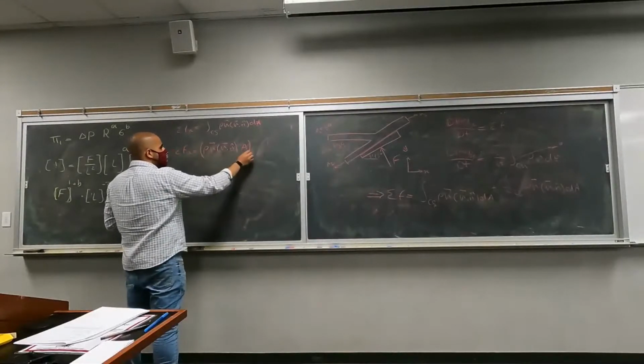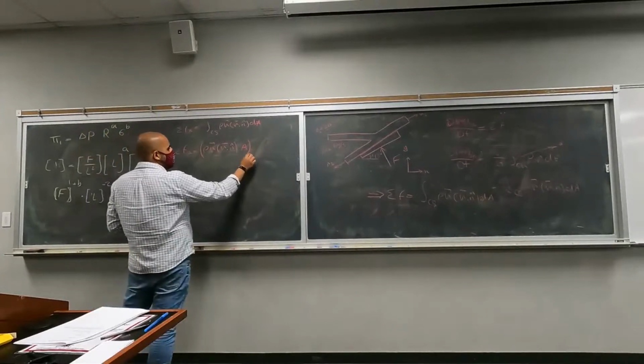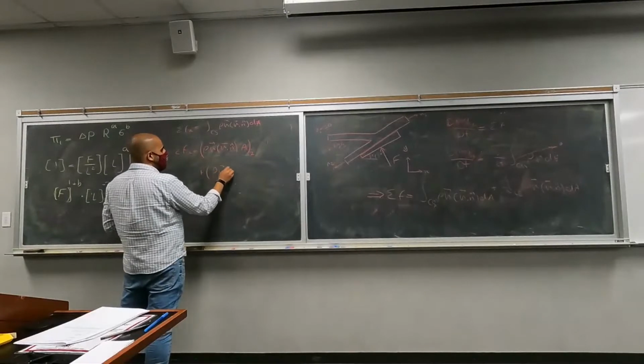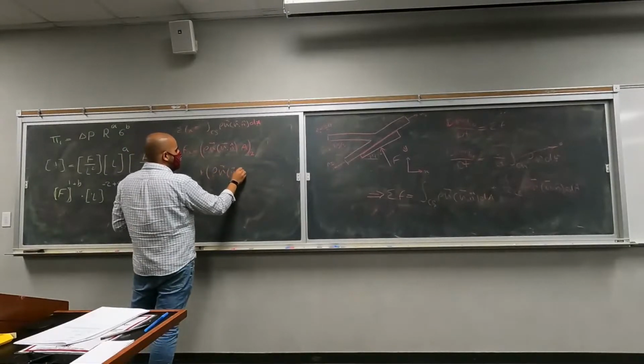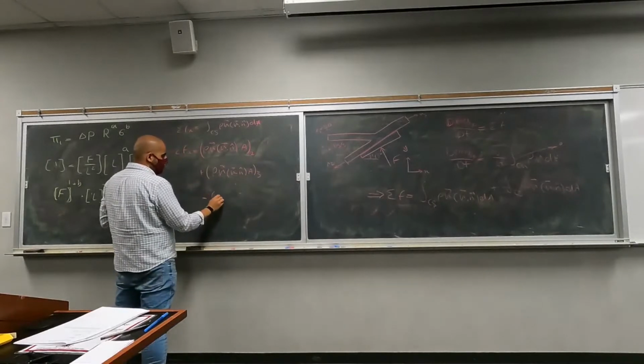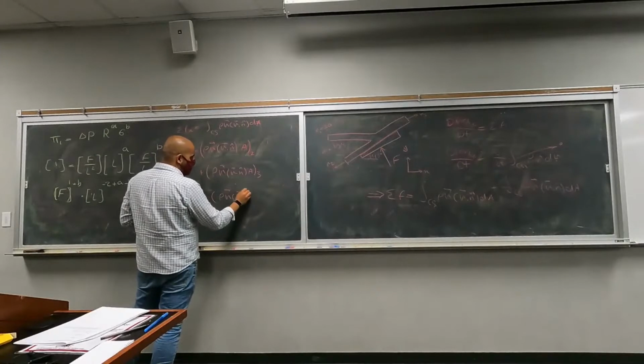So we are actually going to start with surface 2 and 3, plus the same thing for surface 3, minus your inlet, rho v vn A.